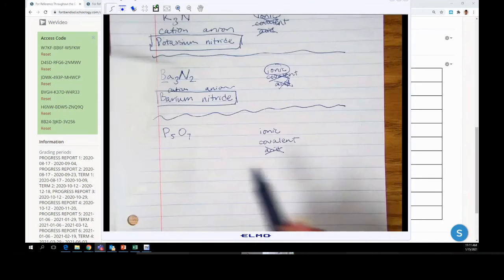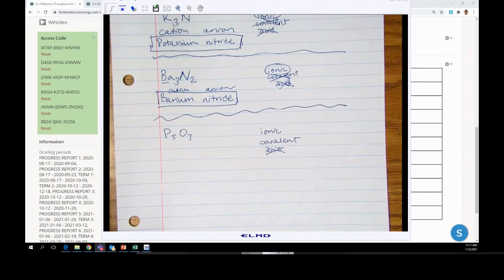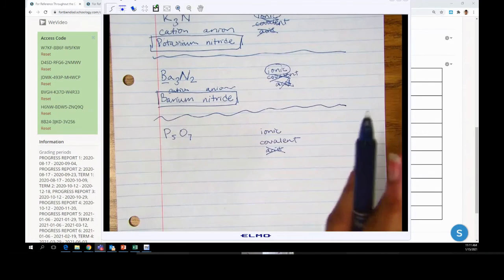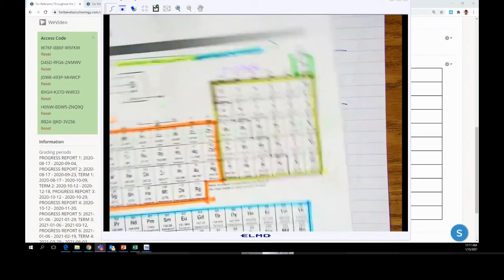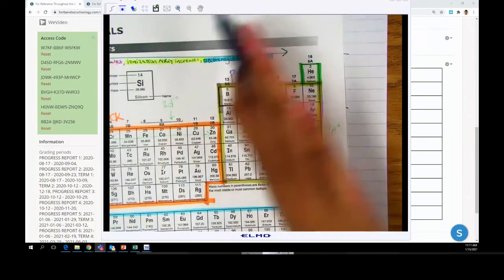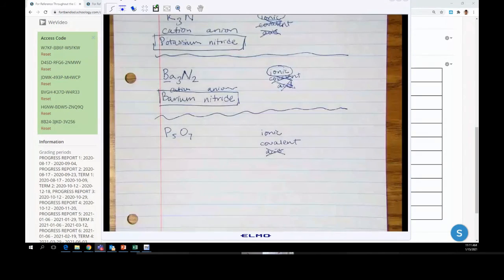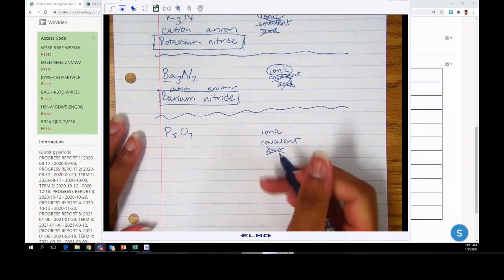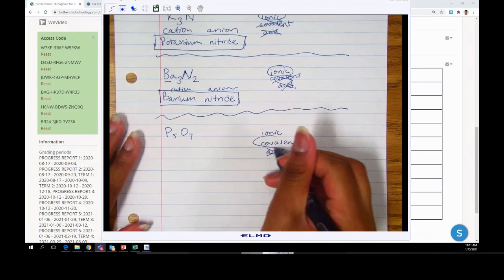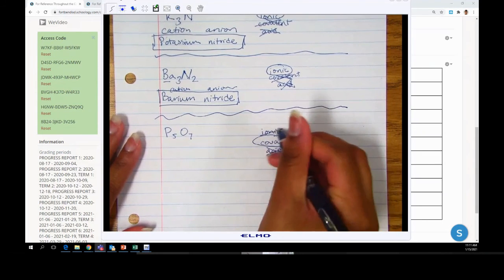In this case, phosphorus and oxygen, right? They're both on the kind of far right side of our periodic table here, phosphorus and oxygen. So these are both nonmetals. That means we're looking at two nonmetals only. So this will be covalent.